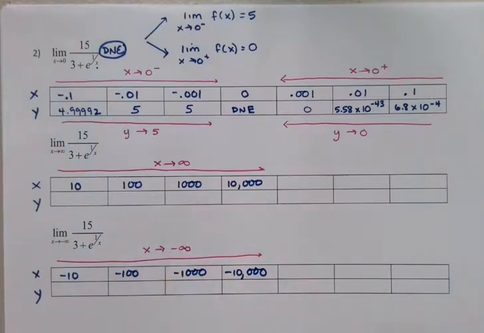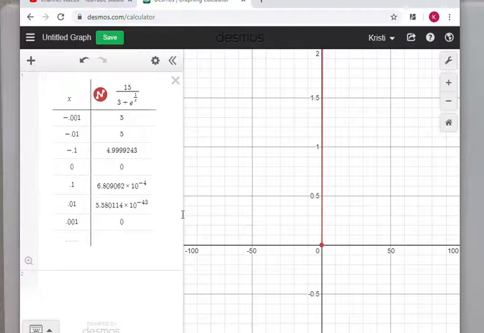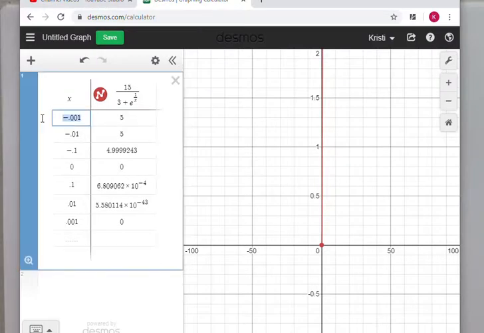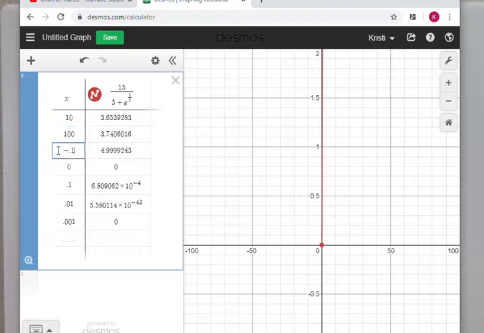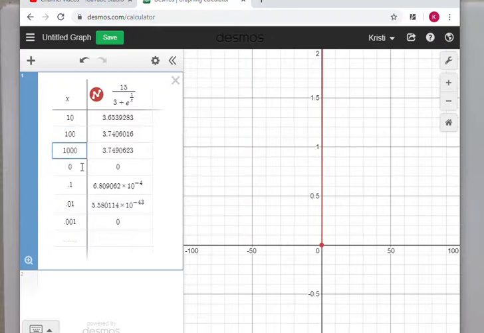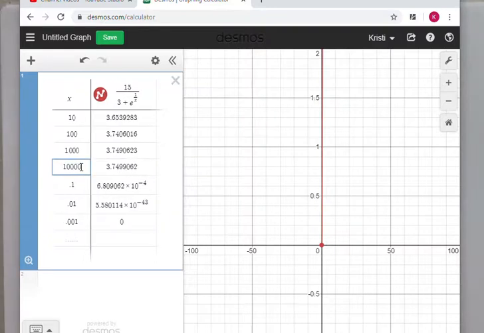I'm going to go back to Desmos and plug those values in. So first of all, I had 10, 100, 1,000, and 10,000. And you know what? I'm looking at these values, 3.65, 3.74, 3.749, 3.7499.